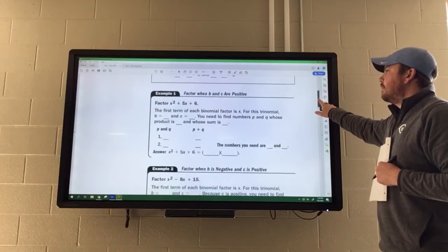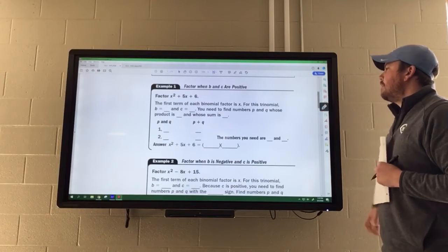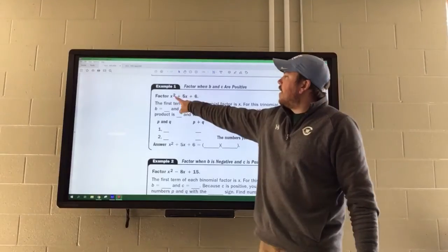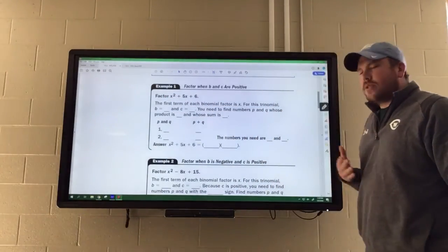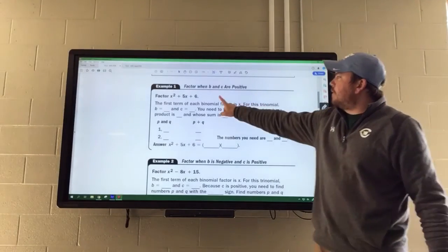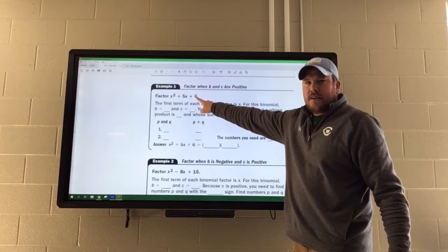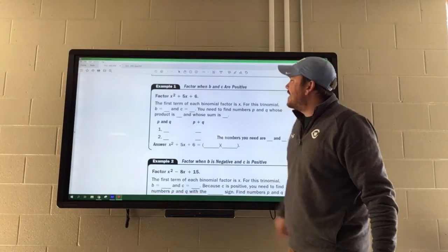So example 1, x squared plus 5x plus 6, all right? So we look at this, we notice that our a value is 1, our coefficient with the x squared is 1, so therefore we're going to be undoing the FOIL method. So what that means is we're going to be looking for factors of 6, two numbers that multiply to equal 6, that add to equal 5.